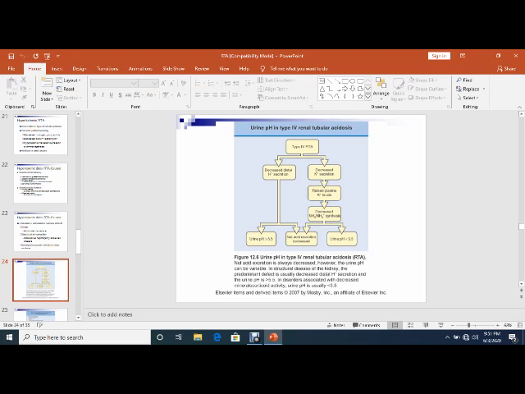So this is the diagrammatic picture that tells us the importance of urine pH in type 4 renal tubular acidosis. Net acid excretion is always decreased. However, the urinary pH can be variable in structural disease of the kidney. The predominant defect is decreased distal hydrogen ion secretion.